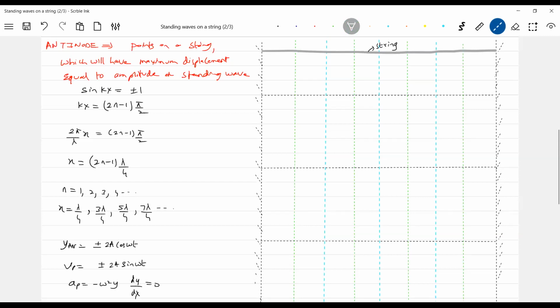So let me show the shape of the string. It's a sine wave.